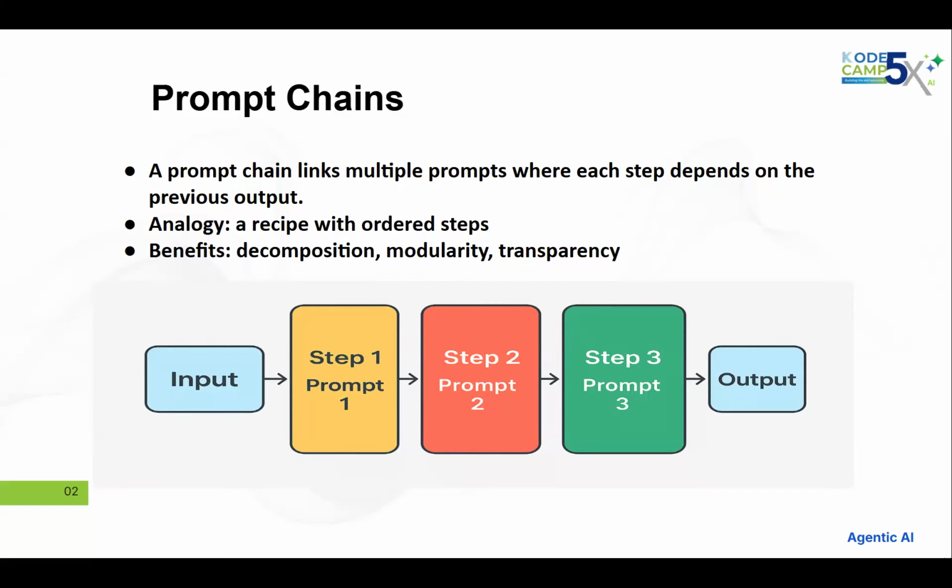The benefits of prompt chaining are that you can decompose the problem for modular problem solving, and it also improves transparency in that you can make your agent give you the outputs at each step.